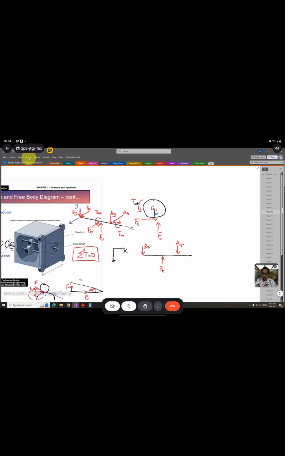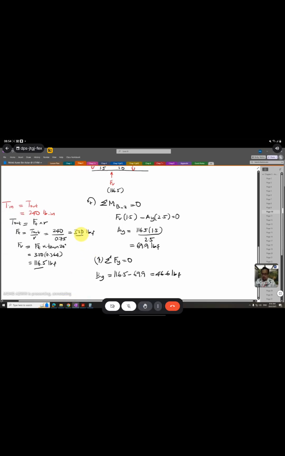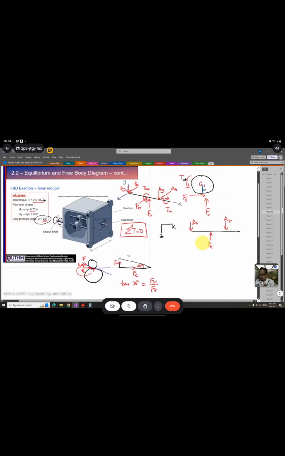The value that you have is FT, 320 pounds.